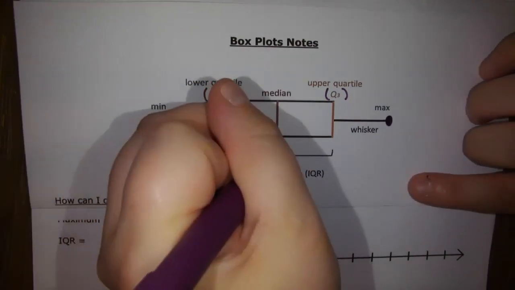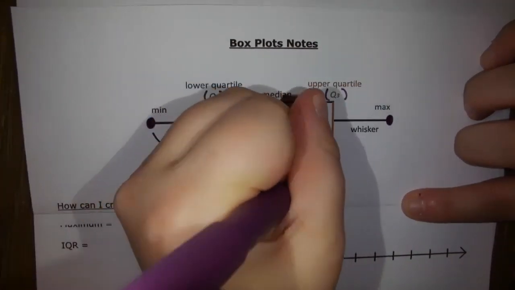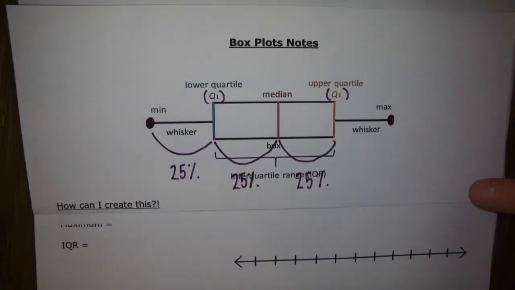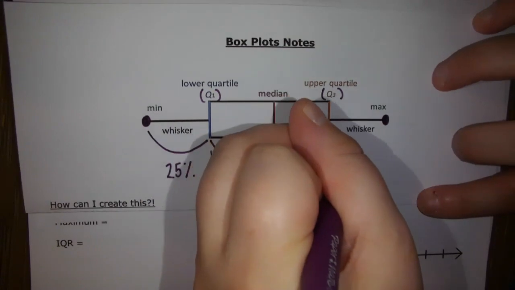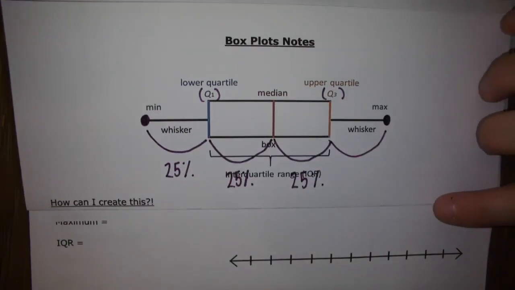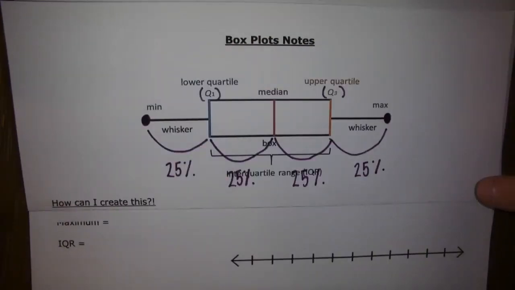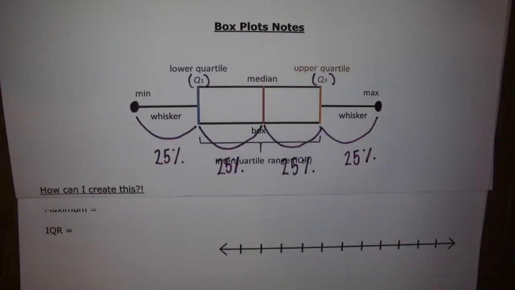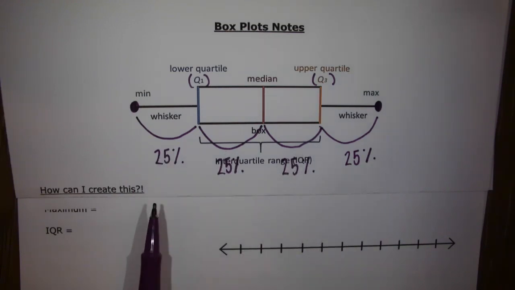Then the section from your median to your upper quartile contains 25% of your data. And lastly, the section from your third quartile to your maximum contains the other 25% of your data. So in this, we have 4 different sections, each representing 25% of the data points.